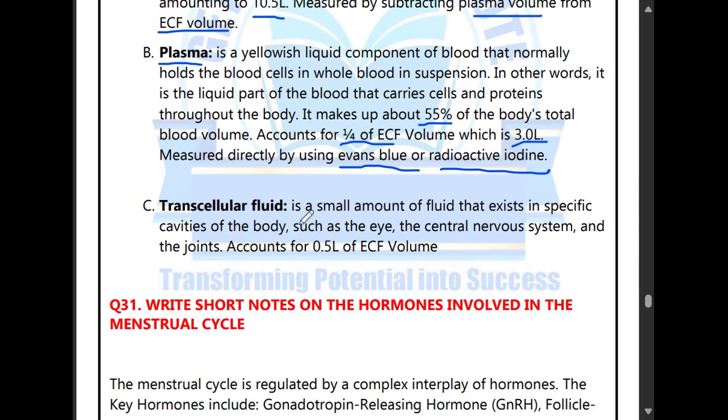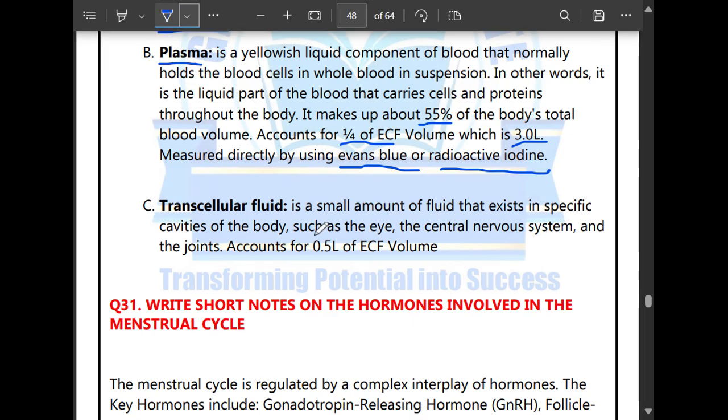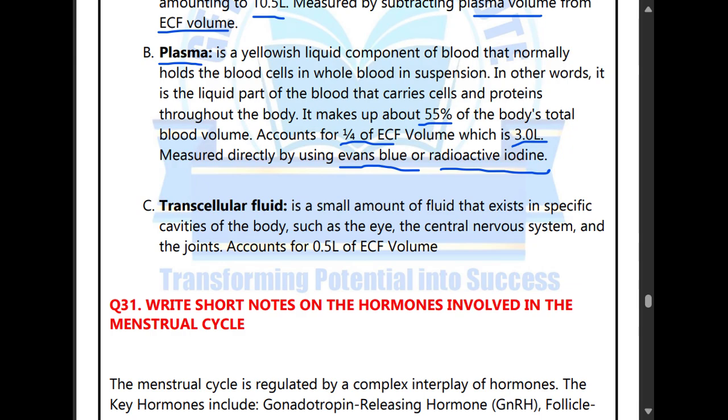To measure plasma volume, you need Evans blue or radioactive iodine. Then we also have transcellular fluid, which is just a small amount of fluid that exists in specific cavities of the body. In your anatomy, you did cavities, so you know those cavities, such as the eye, the central nervous system, and the joints. This only accounts for 0.5 of ECF volume.